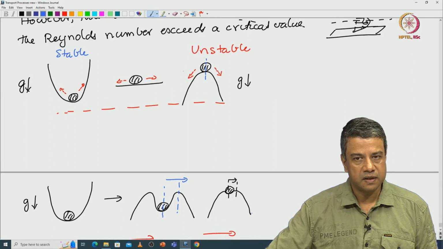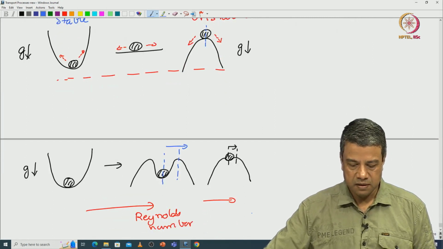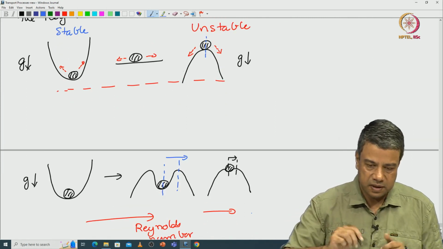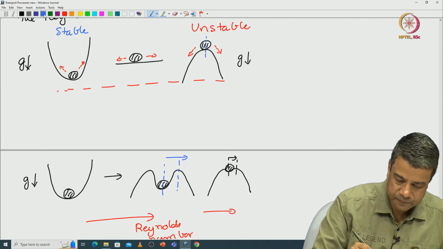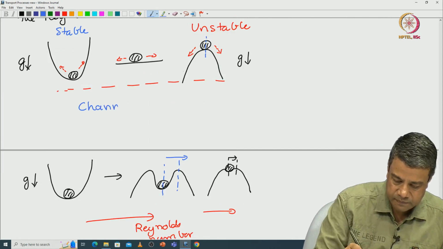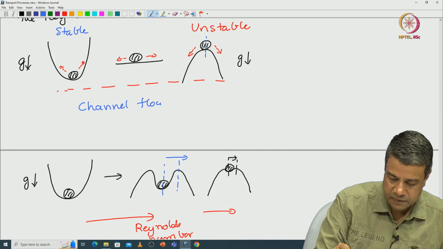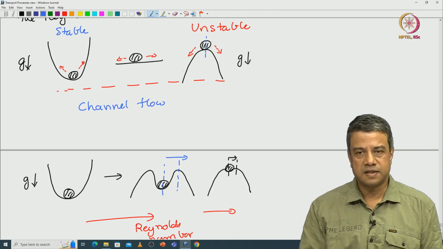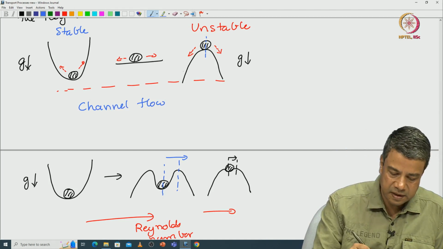It is valid only in one dimension. For a channel flow, okay, for the flow in a channel, as well as other kinds of instabilities. So, for example, a heated fluid.